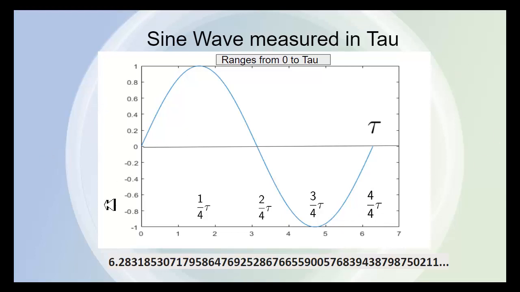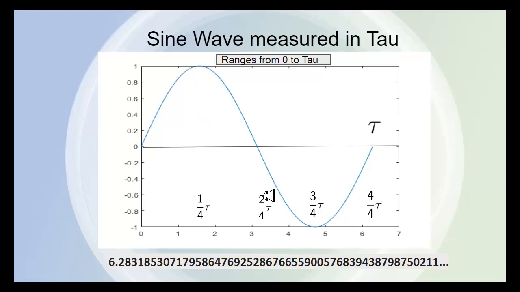And so you have 1/4 tau, and the sine of 1/4 tau is 1, and that is 1/4 of the complete wave. Then the next one, 2/4 tau, of course 1/2 tau is 1/2 the cycle, and 3/4 tau is 3/4 the cycle, and 4/4 tau is of course 1 complete cycle.